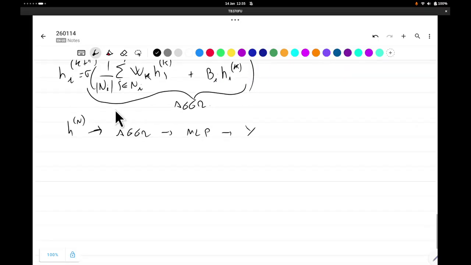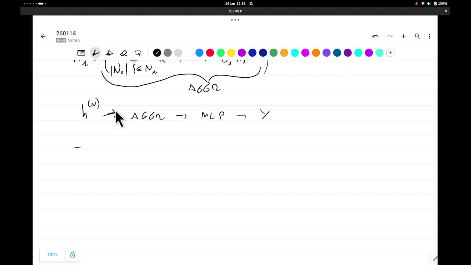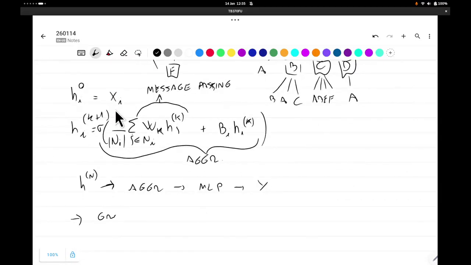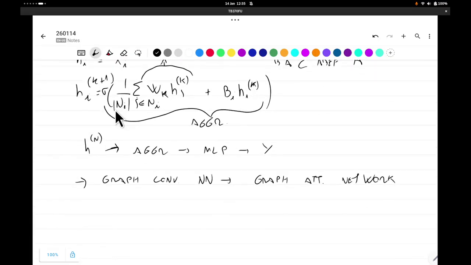And the last point that I touched last time was you go from graph convolution networks to graph attention networks. So this technology would be the most general that you can think of, right?